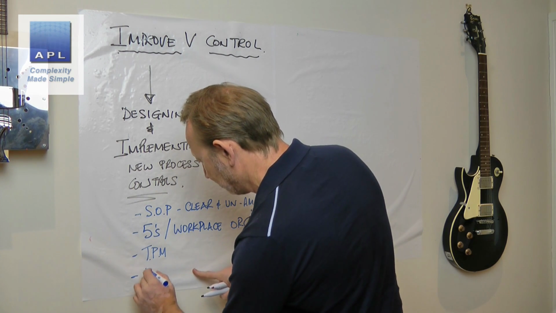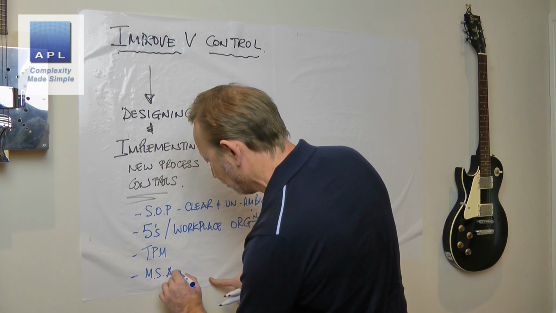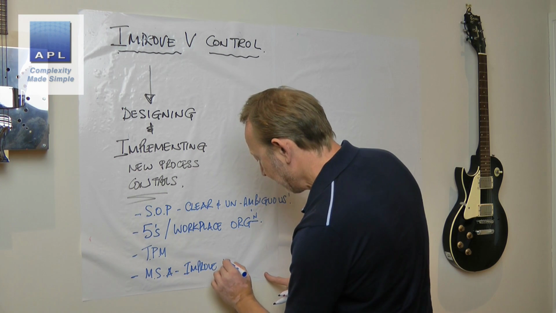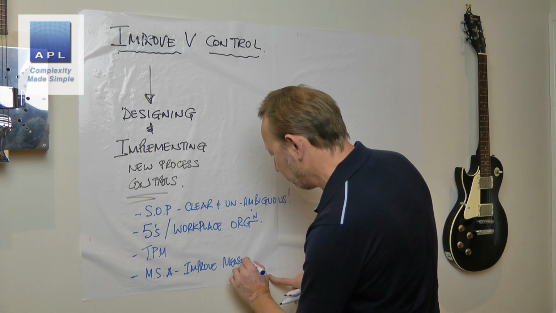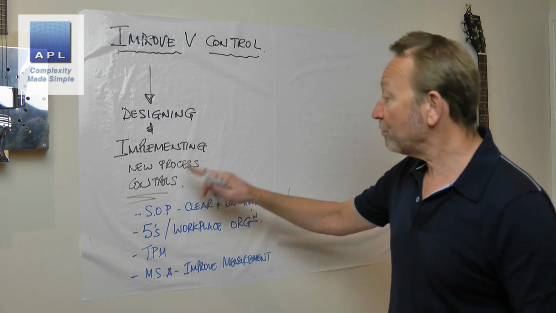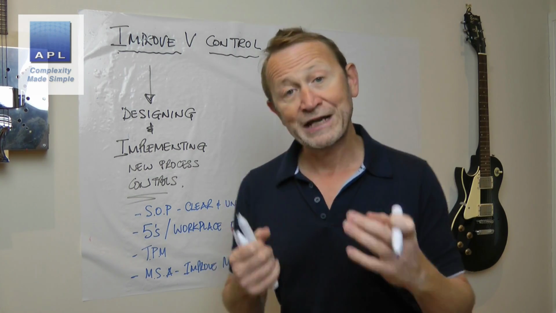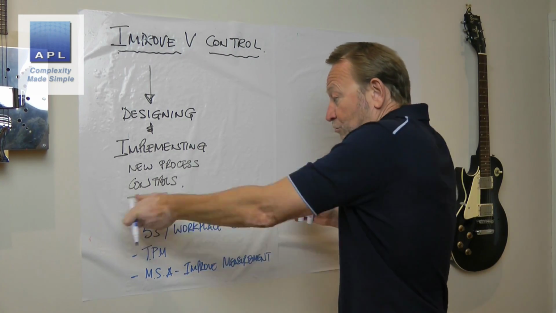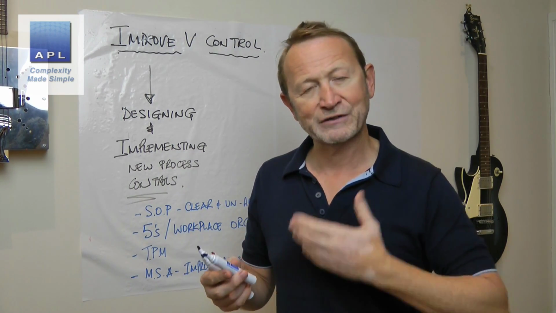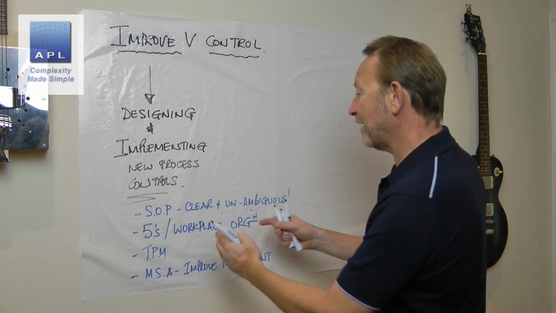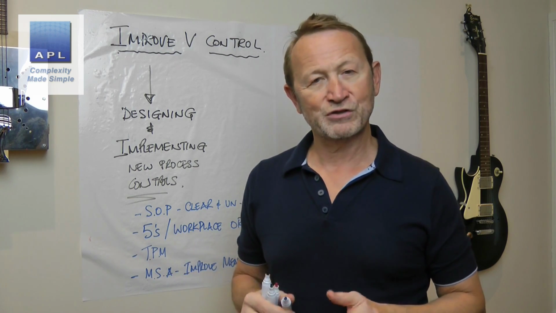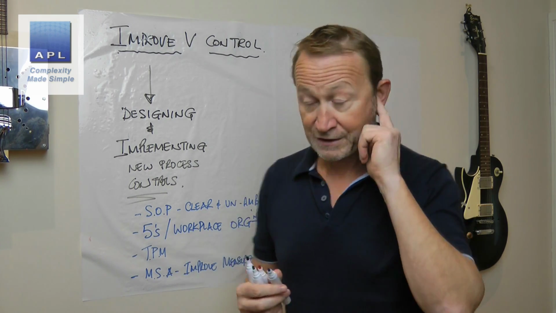You could be doing some MSA, measurement system analysis work, and improving your measurement, because measurement introduces process variability. So there are a number of things that you could do. They are instantaneous potentially, because obviously once you've done the SOP and trained it out, it has an instantaneous impact on the result, and that's why it's the improve phase, because you instantaneously improve the result of whatever it is you were targeting.